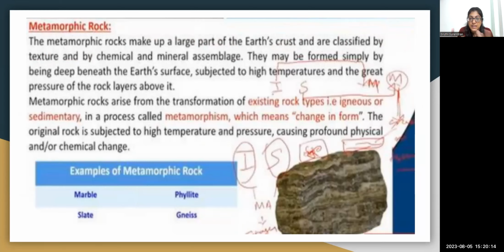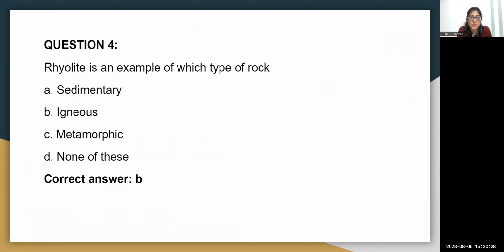Metamorphosis means change. So rocks which are changing in their physical and chemical structures form new types of rocks called metamorphic rocks. Some of the examples are marble, slate, gneiss, and phyllite. So our question was, what rock type is the rhyolite? The answer is igneous rocks.